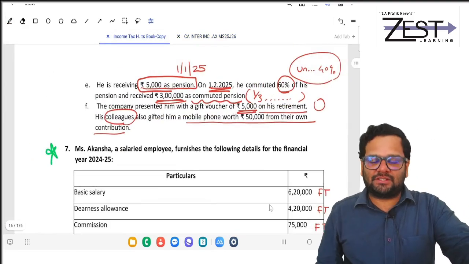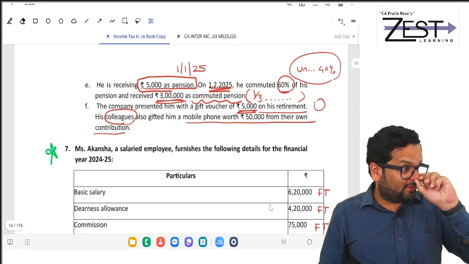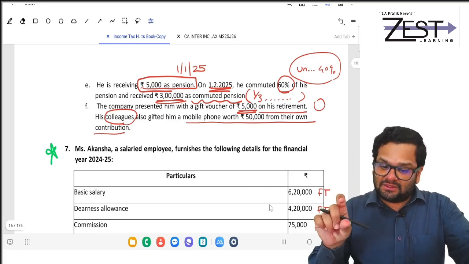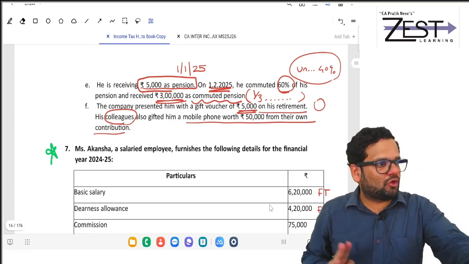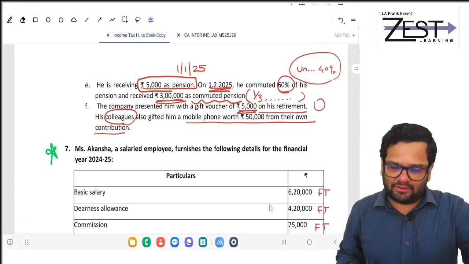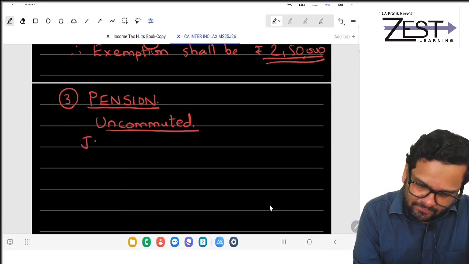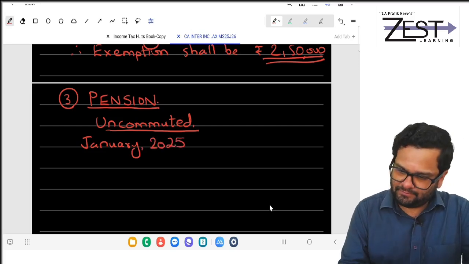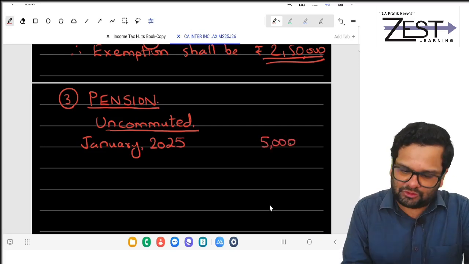If you observe, pension started from 1/1/25 because he retired on 31st December 24, and on 1st Feb he has commuted 60%. So 40% is uncommuted. So what I will do for Jan 2025, how much is uncommuted? Full 5,000.